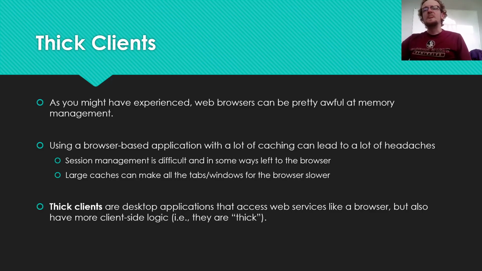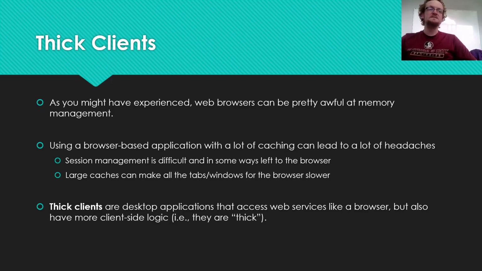So the entire point of a thick client is that thick clients are basically desktop applications that access information as if they were a browser, but they have way more client-side logic. So a console application with a UI on top of it can be a thick client. A thick client could be a WPF application, it could be a Java Swing application, it could be whatever you can imagine.